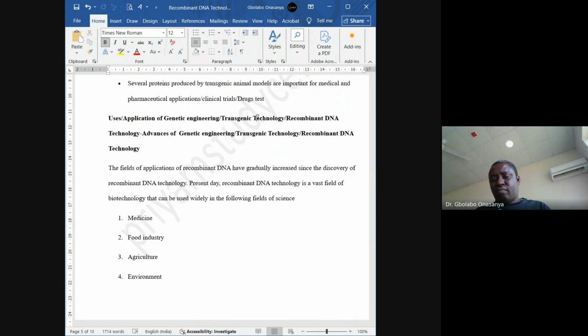Wine production, beer production, yogurt production can be done industrially. Now we use enzymes for the fermentation process. And all these are fermentation processes.